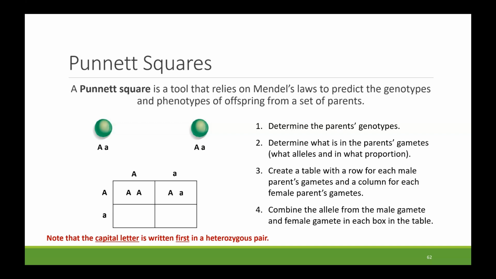It doesn't matter which one is the row or the column. The convention is you write the capital letter first. And then if we turn our attention to the lower left-hand box, this box also gets one capital letter and one lowercase letter. And then finally, the lower right-hand box, this offspring has the genotype lowercase a, lowercase a.